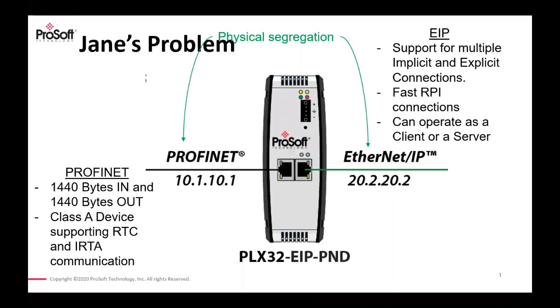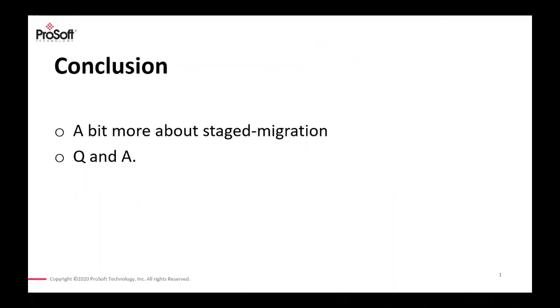All right. So now in conclusion, let's just talk a little bit about what we've discussed so far. We talked about the differences between PROFINET and Ethernet IP. We talked about terminology, which is important, where we identified Ethernet IP clients and Ethernet IP servers.